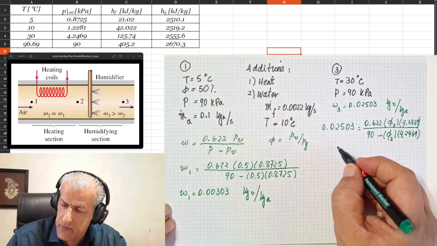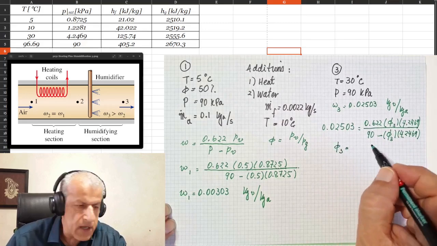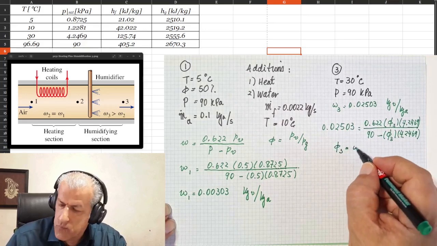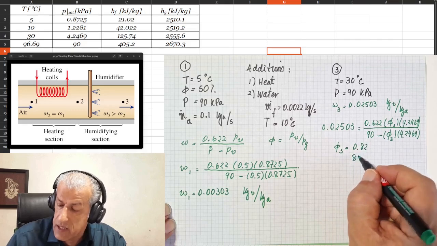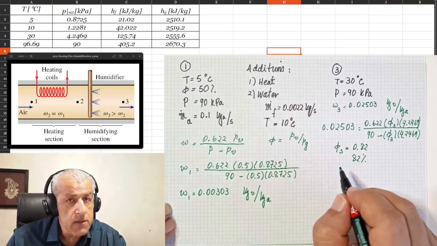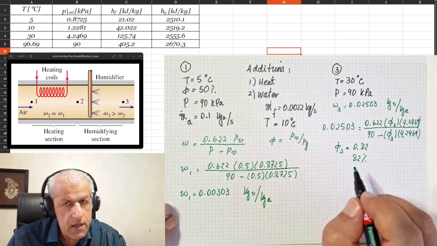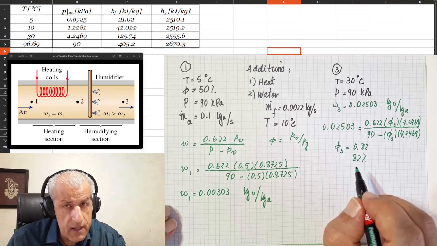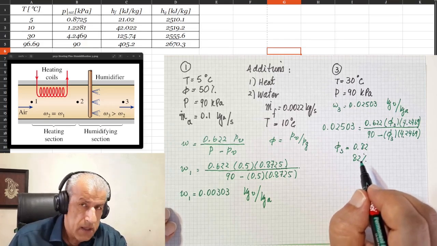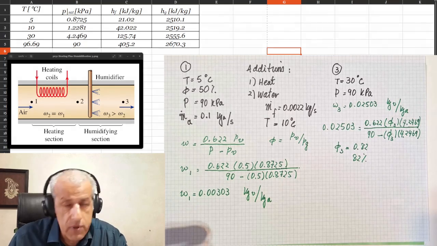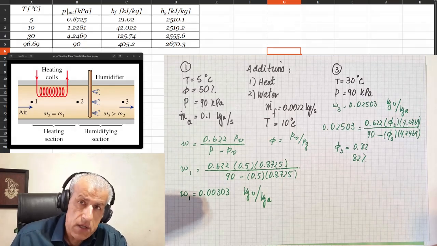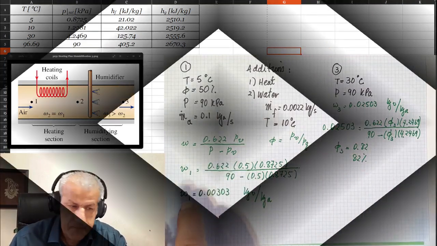The outcome for phi 3 from this equation would be 0.82. This means it is 82%, which is perhaps very humid for living. But look, this enters a room where the humidity is far less, and therefore it mixes in that room, and hopefully it will produce a good enough condition for living.